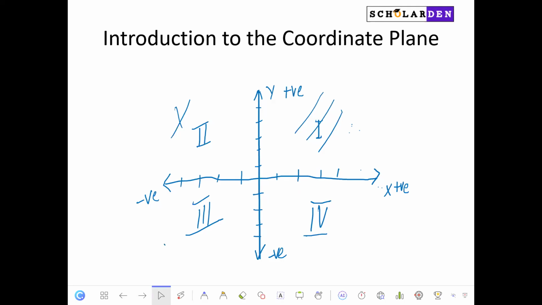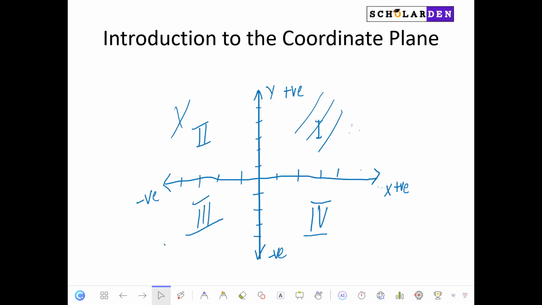We're going to see how to plot the values shortly, but I just want to reinforce the significance of these quadrants. Over here, you've got the third quadrant, with the negative x-axis and the negative y-axis.